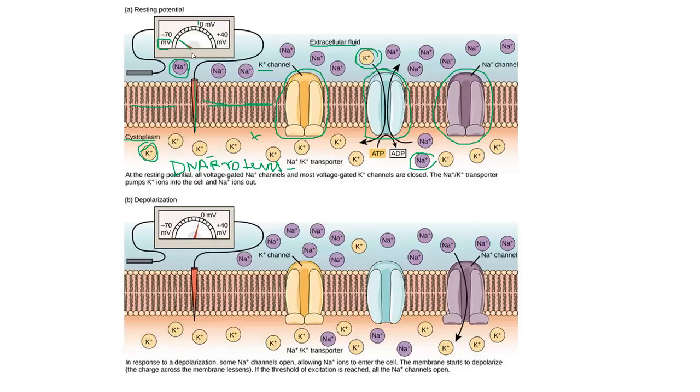Now, the sodium ions cannot come inside. One, they cannot just diffuse through the plasma membrane. They cannot come inside through the sodium ion channels because the sodium channel here is closed. The potassium from the inside cannot go outside because it also cannot diffuse freely through the plasma membrane.